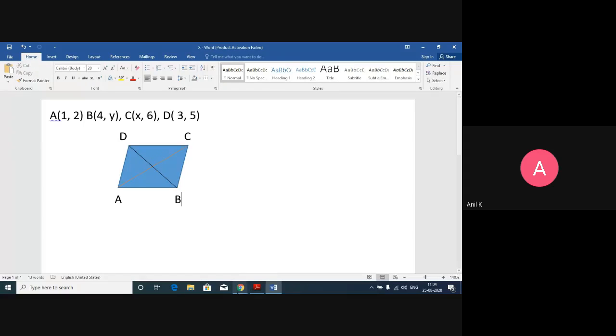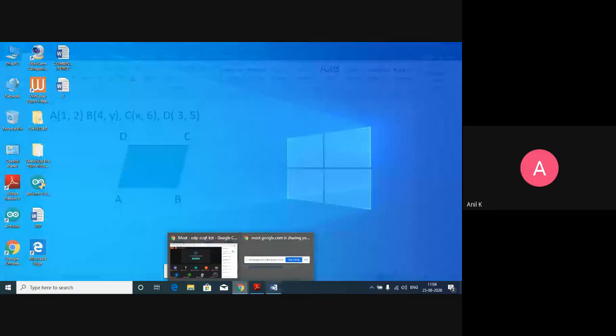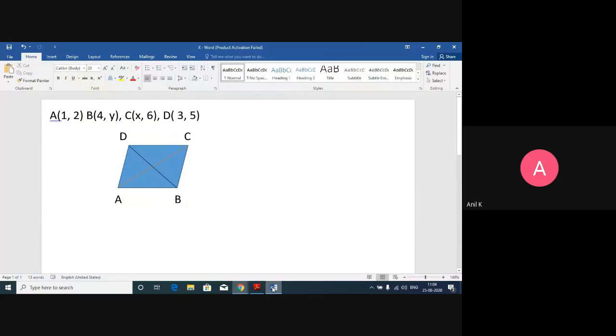Anyone remember? The diagonals bisect each other. Correct. If I take the intersection point as O, then OA equals OC, and OB equals OD. That means point O is the midpoint of AC, and also the midpoint of BD. So point O acts as the midpoint for both lines AC and BD.